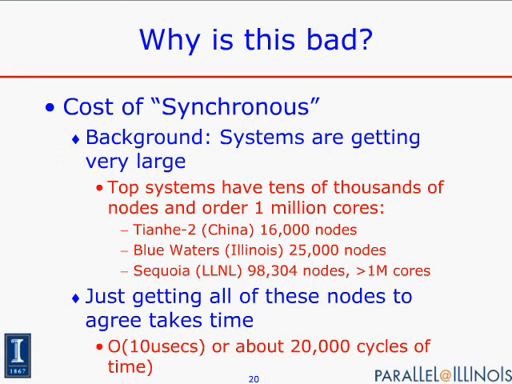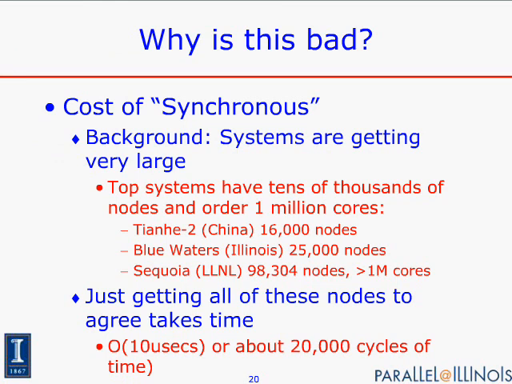So if I've got, say, 25,000 or 100,000 nodes, each with many, many cores on a node, just getting all of these nodes to agree that they've reached the same spot in the code, which is effectively exchanging one bit of information, the 'I am here' bit, that can take, if you're lucky, at least 10 microseconds, or say 20,000 cycles per core.